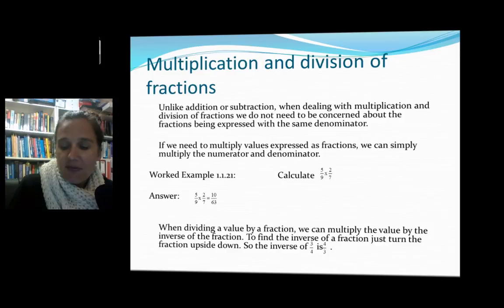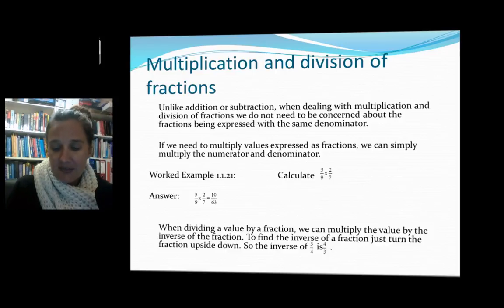So here if we have 5 over 9 multiplied by 2 over 7, what we'd get for our numerators is 5 times 2, and our denominators is 9 times 7. 5 times 2 is 10. 9 times 7 is 63.